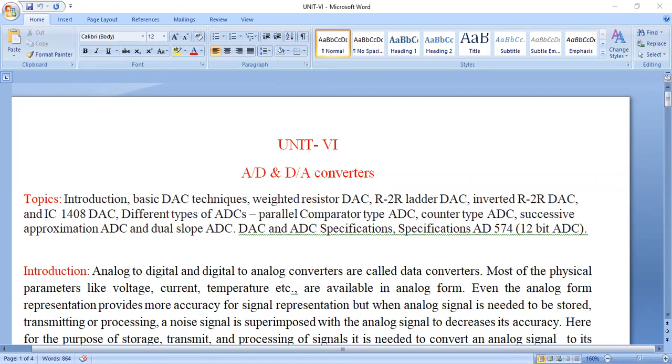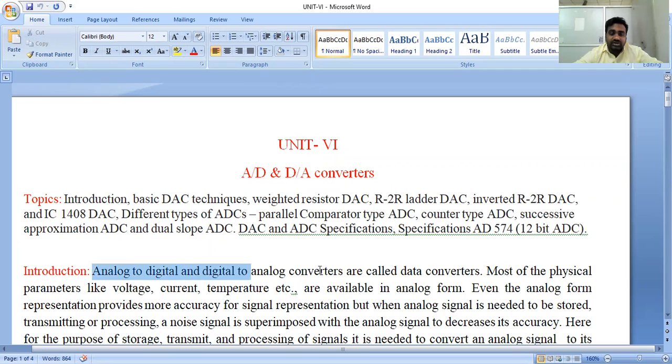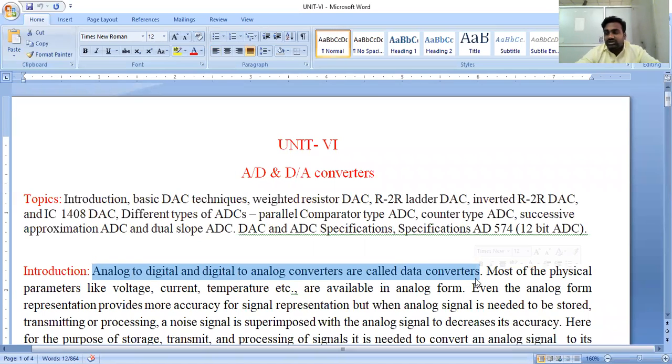So here there is a typical application in which analog to digital conversion and digital to analog conversion happens mostly. Here the concept is nothing but data converters or data conversion, that means converting the signal from analog to digital and digital to analog.